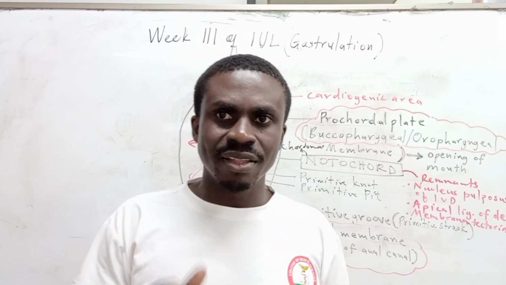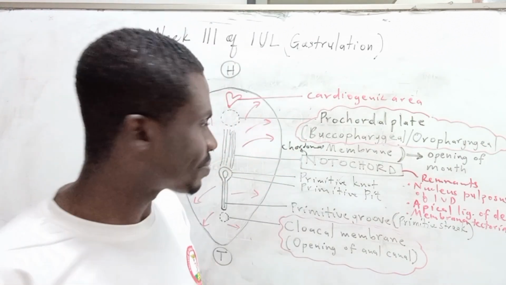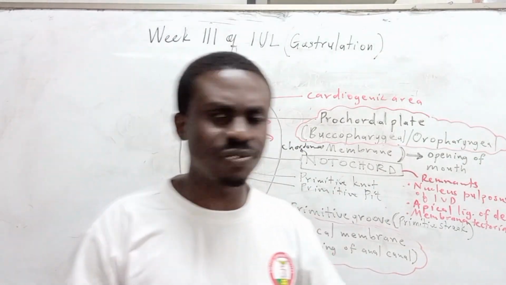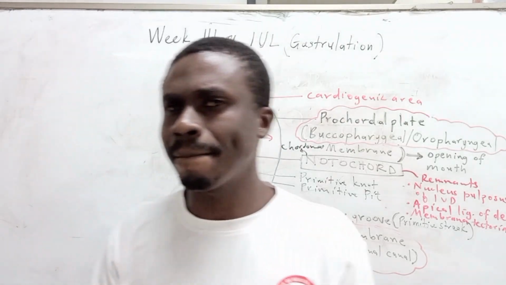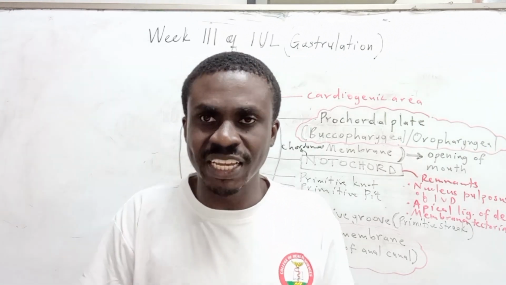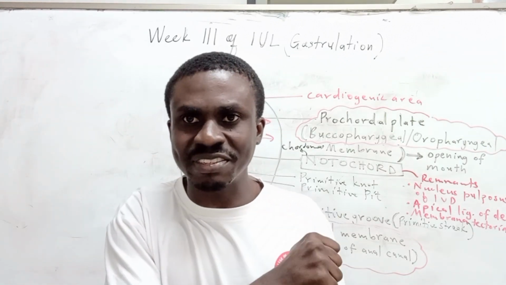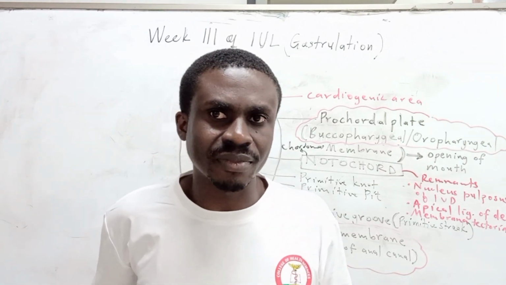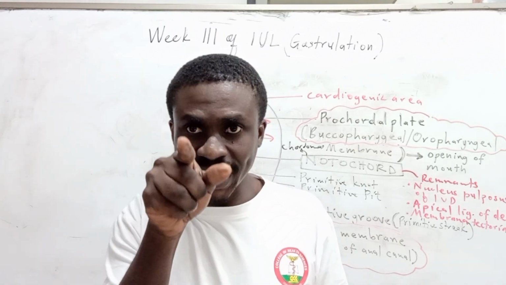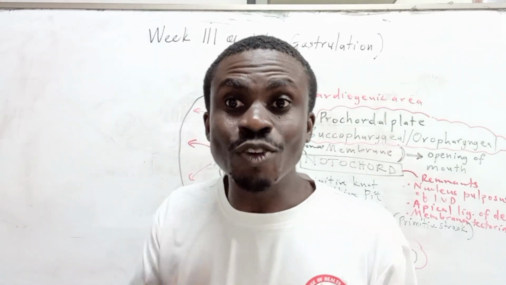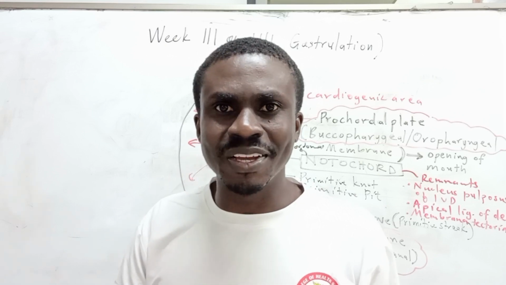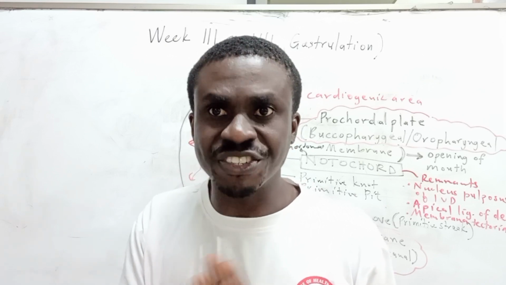Now, the last thing for this meeting is that we've seen the primitive streak perforating and moving, forming all these trilaminar germ layers. When they are done, they should regress. There should be regression of the primitive streak. Otherwise, non-regression of the primitive streak, especially at the caudal end of the embryo, will lead to something we call sacrococcygeal teratoma.